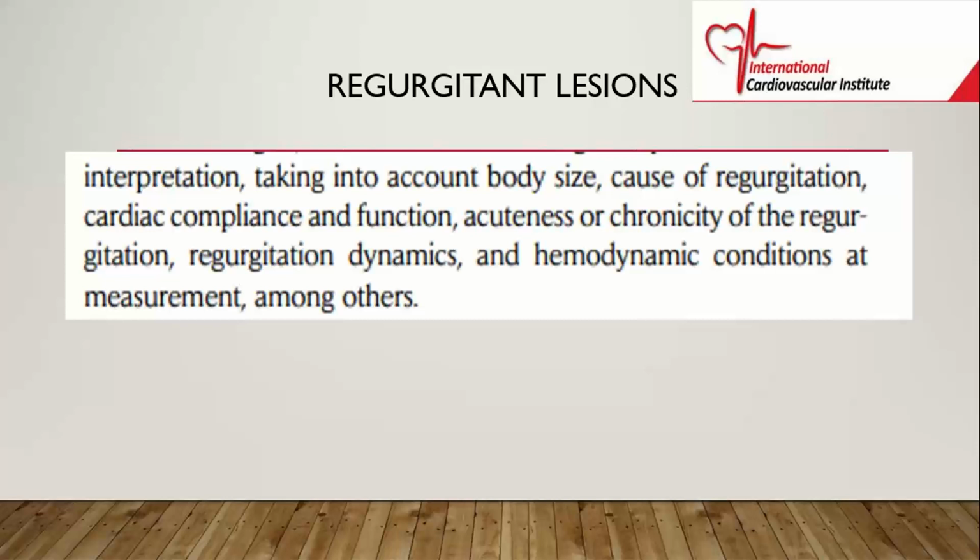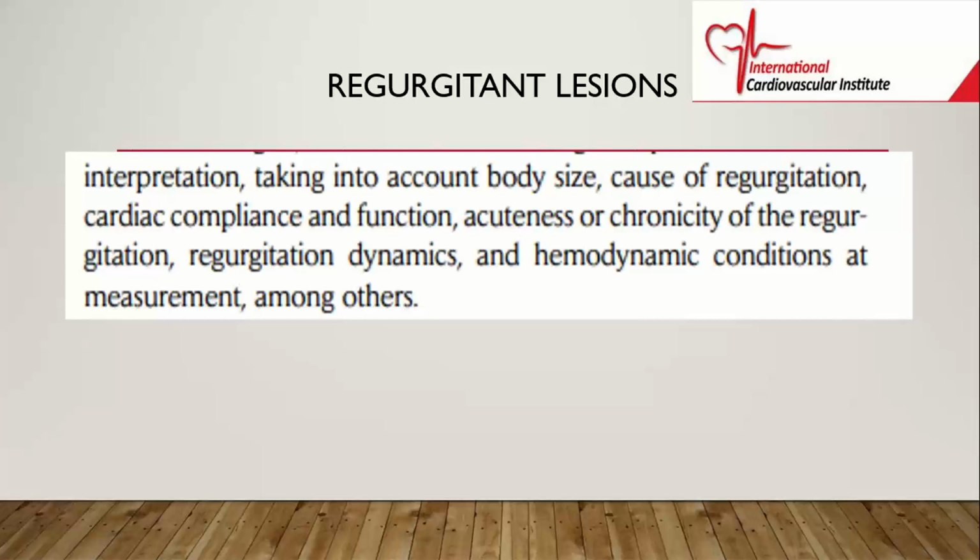So when you're looking at the regurgitation, you have to look at the body size of the patient, what is the cause of the regurgitation, cardiac compliance and function. Severe MR in someone with an ejection fraction of 60% is a different disease in someone with an ejection fraction of 20%.